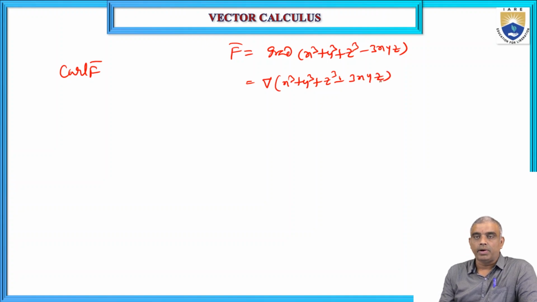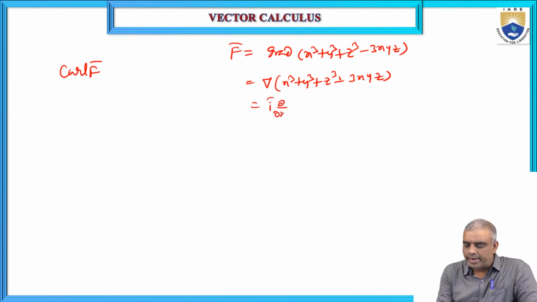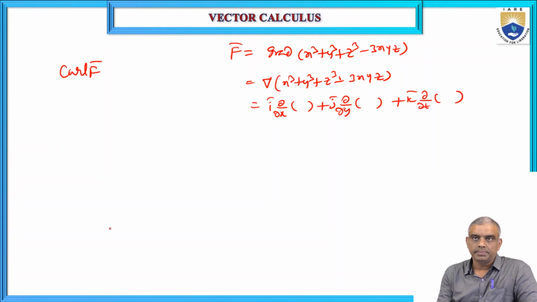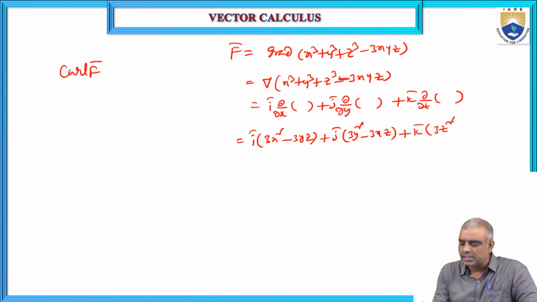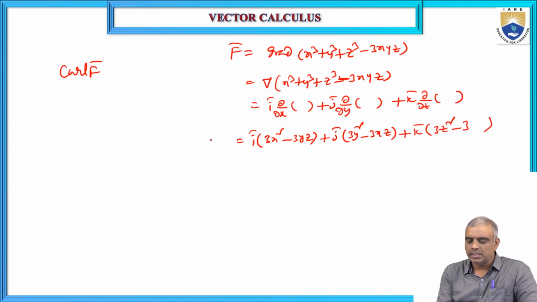First I find f bar: i bar ∂/∂x of the entire term plus j bar ∂/∂y plus k bar ∂/∂z. That gives i bar (3x² minus 3yz) plus j bar (3y² minus 3xz) plus k bar (3z² minus 3xy). So this is the vector f bar.